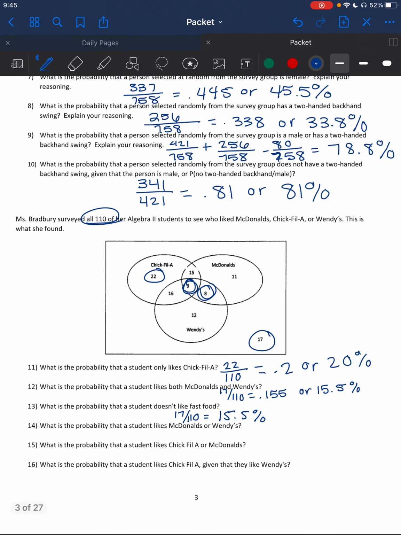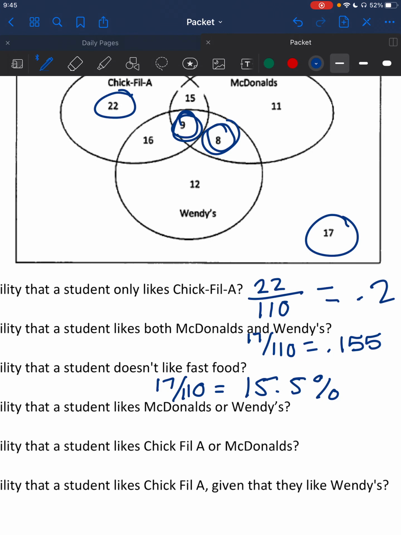Then we have students that like McDonald's or Wendy's. So we're going to figure out all of McDonald's, all of Wendy's, and then subtract off the ones who like both.